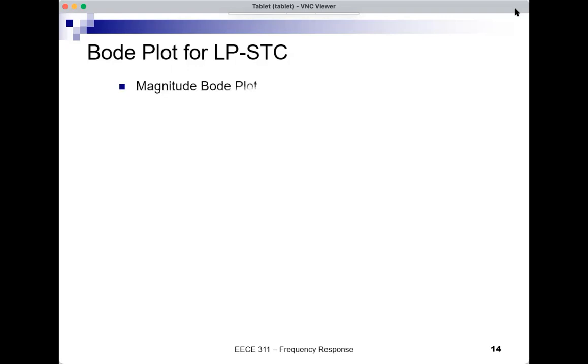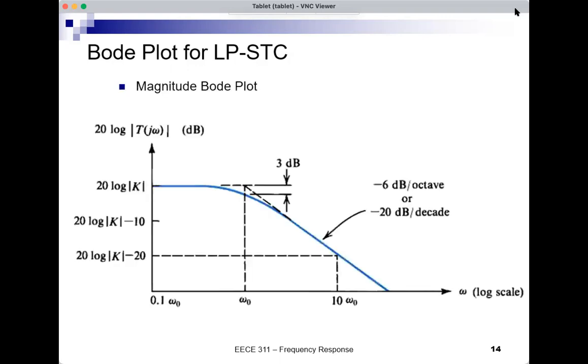So here's the Bode plot for magnitude. The magnitude is 20 log magnitude of T of j omega, because I want it to be in dB. These are the units on the y-axis. On the x-axis, I have omega in log scale.